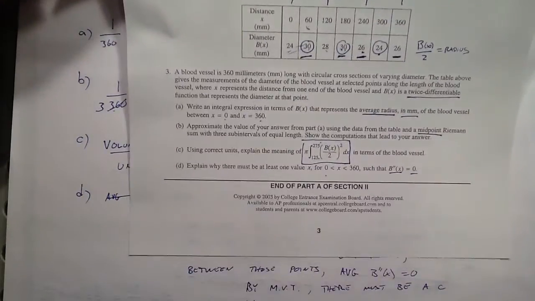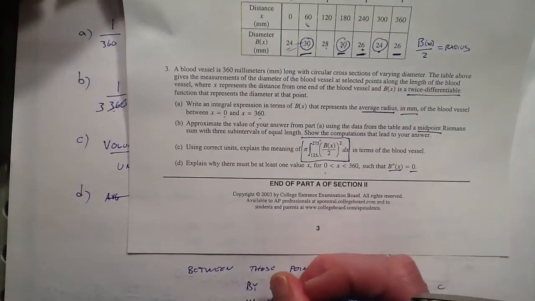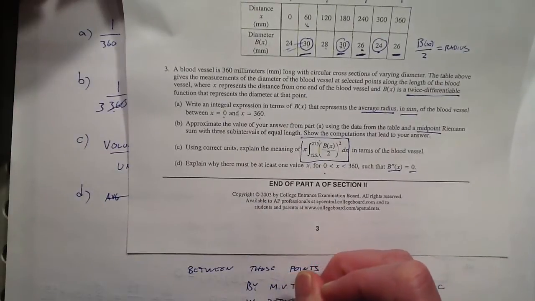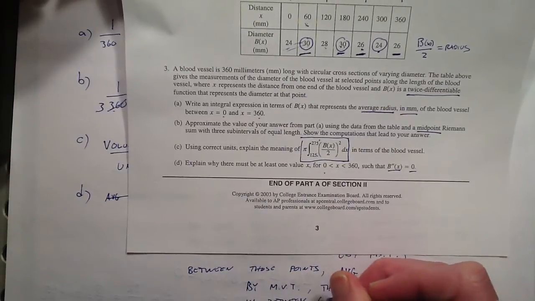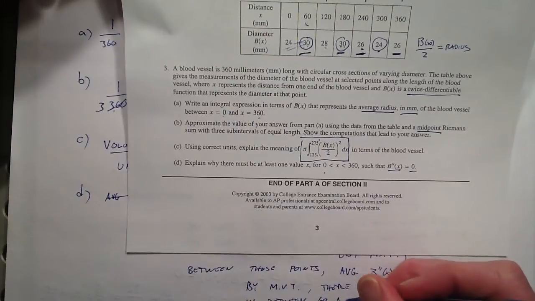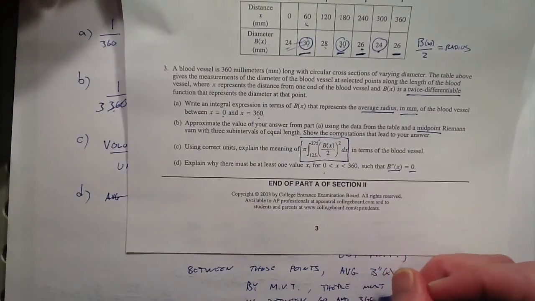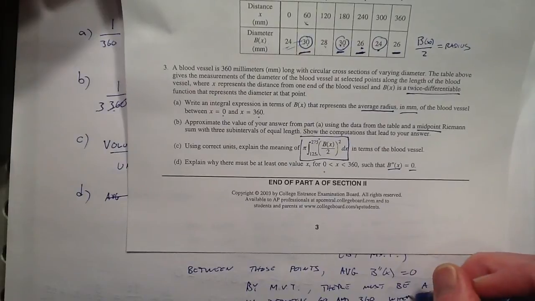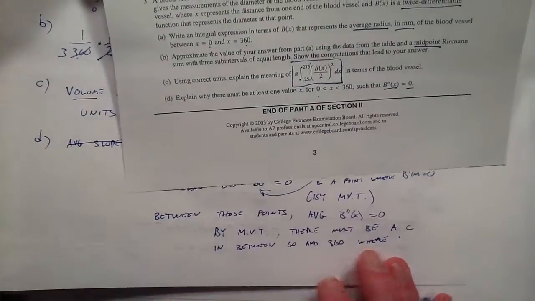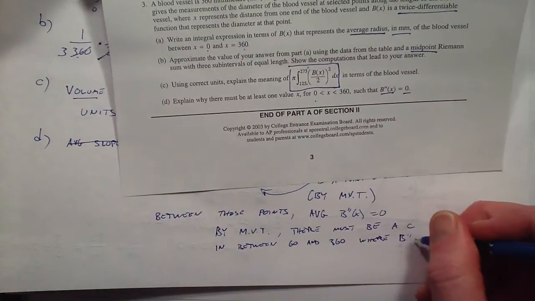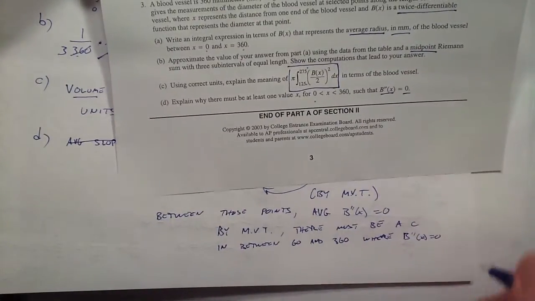Let's see, what's that? Somewhere between 60 and 360, where the second derivative is 0.